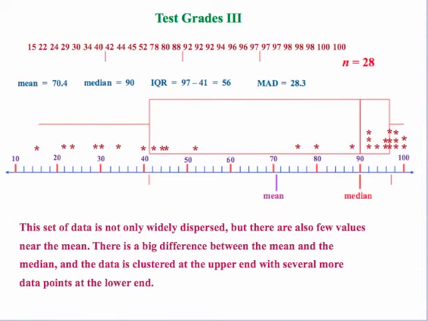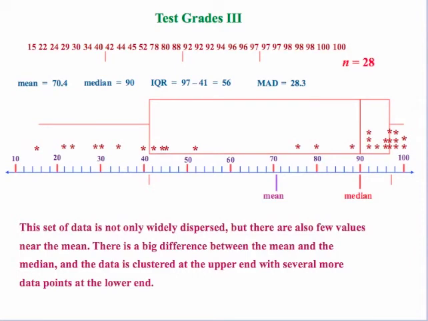Widely dispersed again, but this time notice that there's not very many values that are close to the mean. And there's a big difference between the mean and the median. And this time the data seems to be clustered at the two ends, at the upper end and at the lower end. So the results here tell us that the students either knew the topic very, very well, or they didn't know it hardly at all.